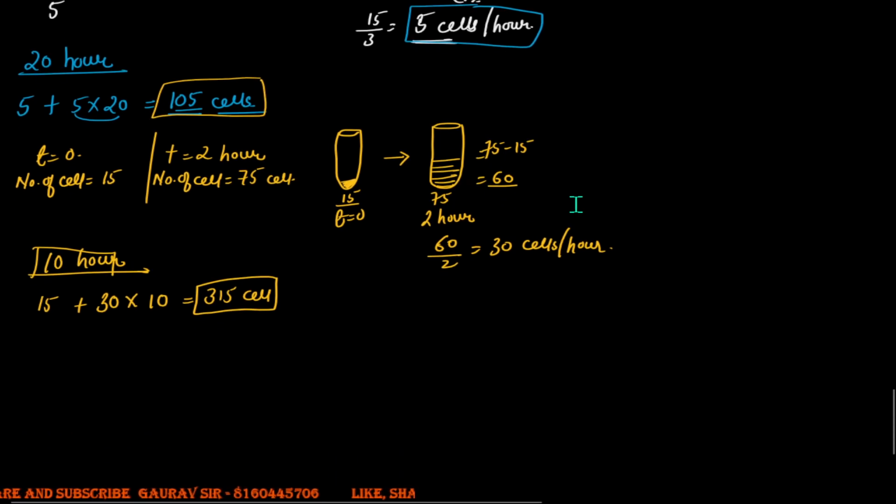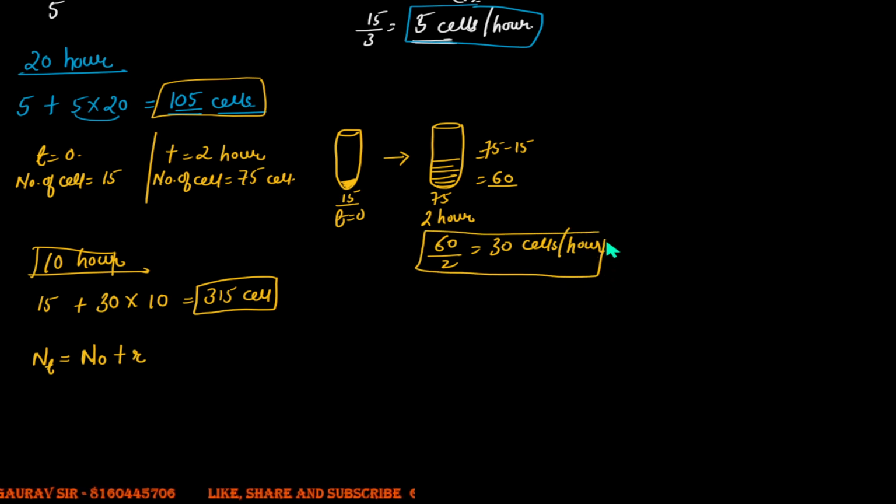So we can come up with the mathematical relation that Nt, the number of cells after time t, is equal to N0, the number of cells at time 0, plus R. What we have done here is found the rate of growth. Rate of growth means the number of cells added into the medium per unit time, that means 1 hour.